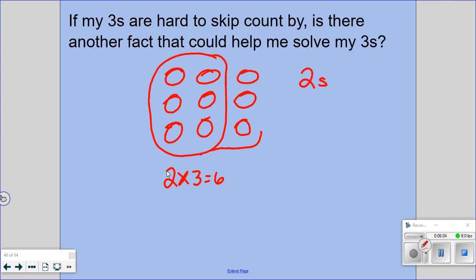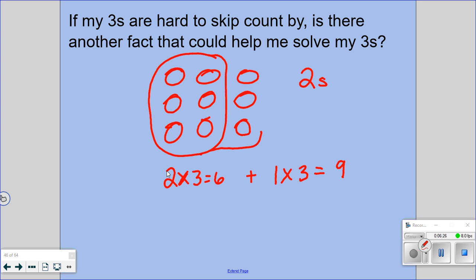Paxton? Add another group of 3. So I would have 2 groups of 3 plus 1 group of 3. It's not going to be 12, but it is going to be 6 plus that 1 more group of 3. And then all of that added together will be 9.